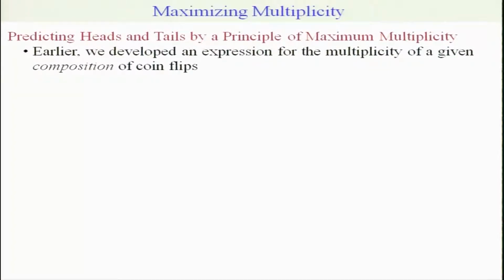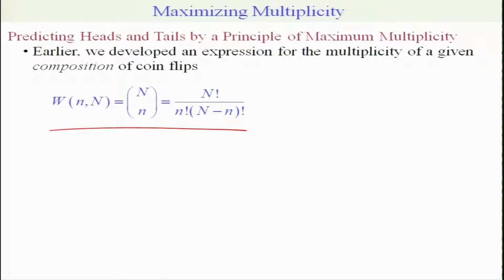We use simple systems such as head and tail systems, and we developed a multiplicity particularly for, let us say, a composition of coin flips, which can be given by this expression. Where n could be the number of heads and capital N would be the number of outcomes, that includes heads and tails.